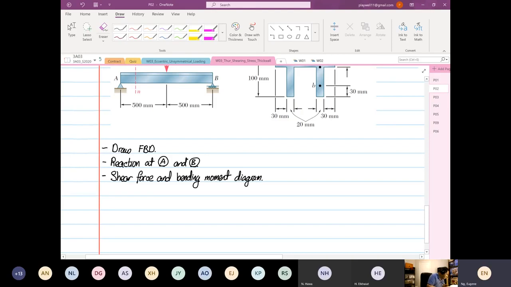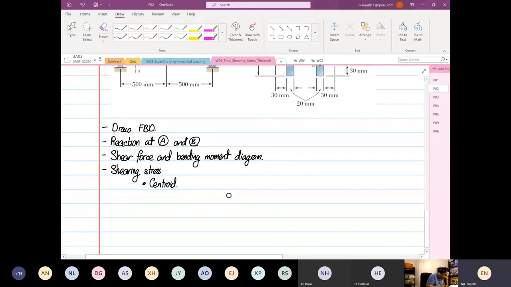Then from here, we are going to look into the shearing stress. And again, in the shearing stress, we need to identify our centroid. We have to find our first moment of area, as a variable, as a function of y.